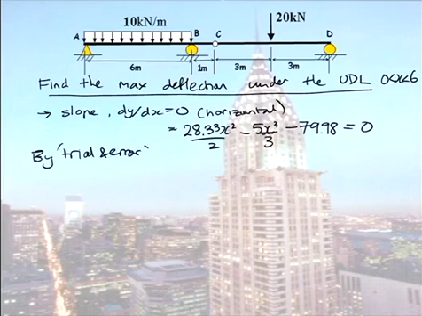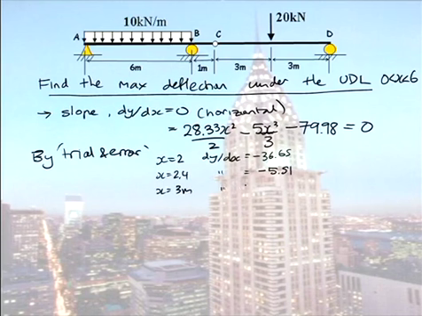Do you remember? You ever seen trial and error before? So what you would do is you would substitute in a value of x and say, okay, dy dx here is equal to minus 36.65. So let's now go to x is equal to 2.4. So dy dx now is equal to minus 5.51. So that's good, it's getting smaller. Then I'll try putting in x is equal to 3 metres here.